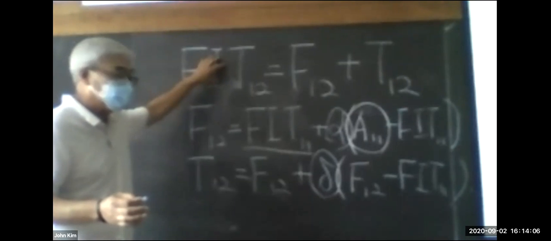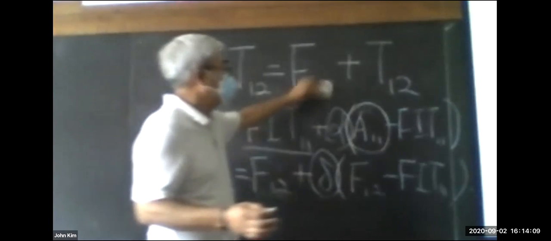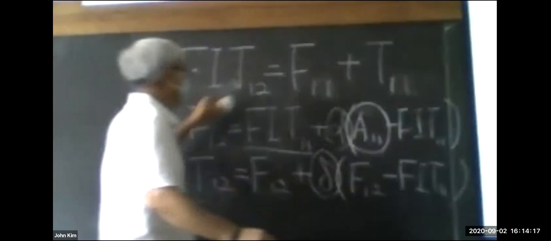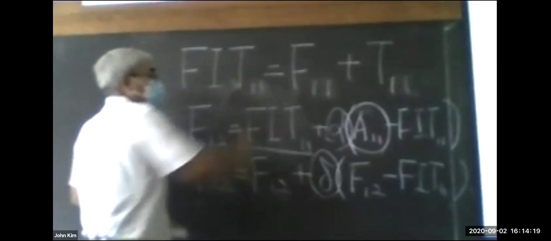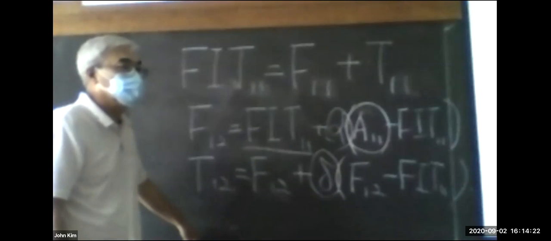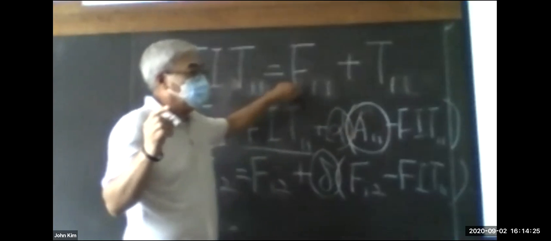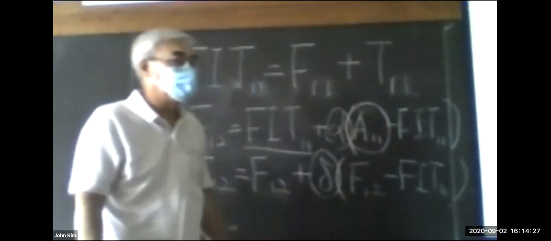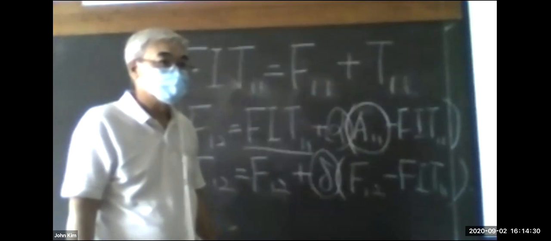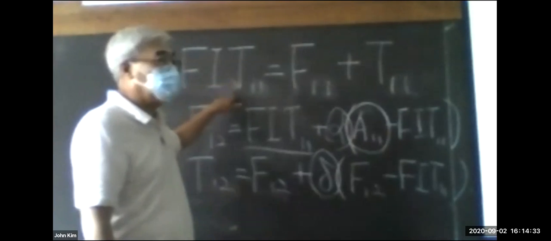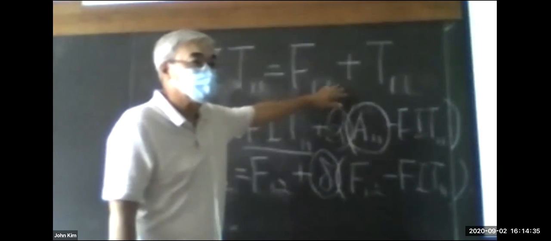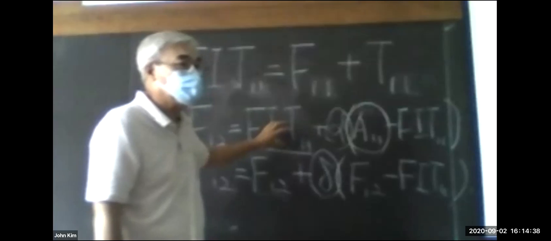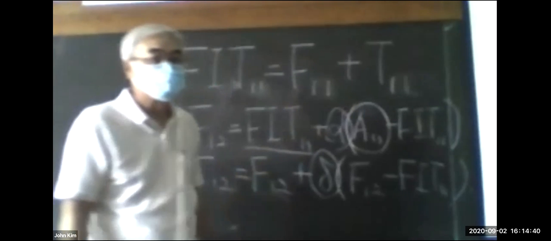From that idea, if we know F11 and T11, then we can get FIT11. F11 and T11 are given, so we can get FIT11 from this little calculation, then plug in FIT11 and so on. Understood?